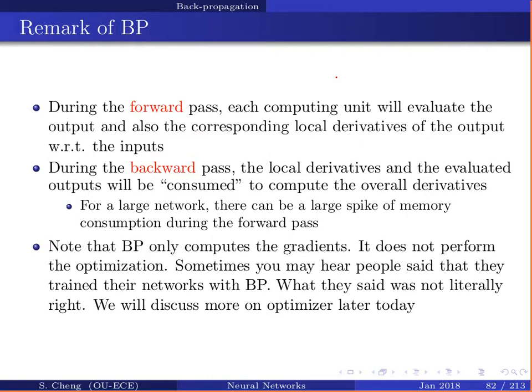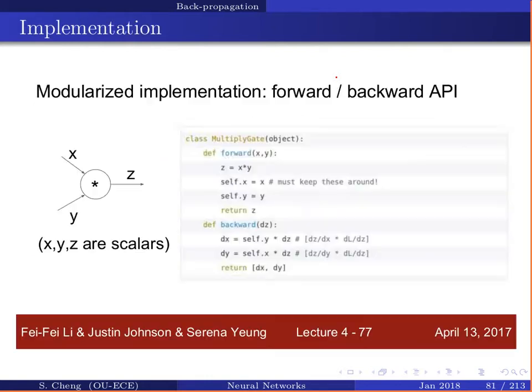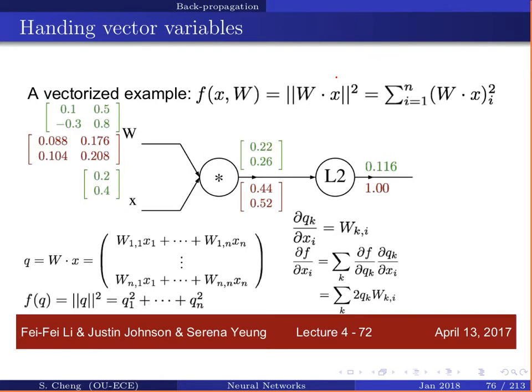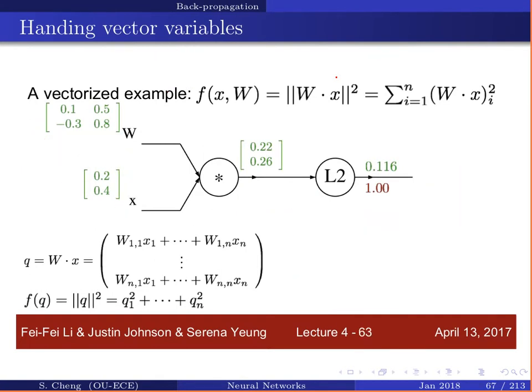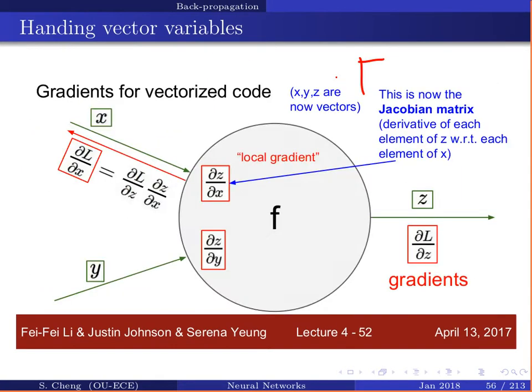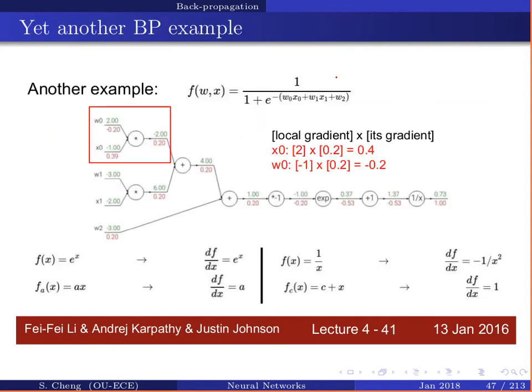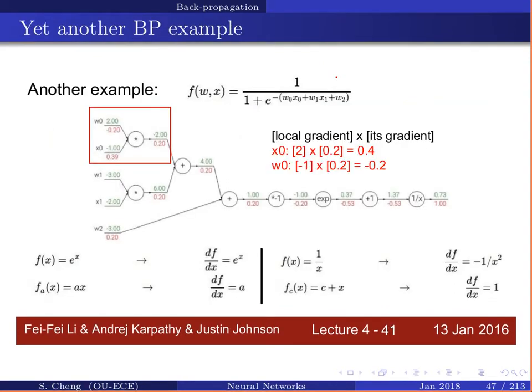So again, the whole point of what we are trying to compute is really just, let's get to one of these examples here. We want to construct a computational graph.